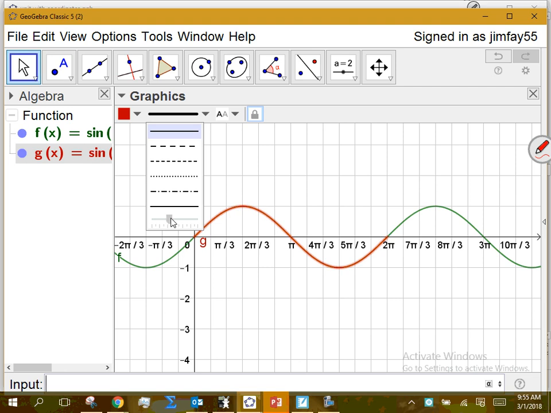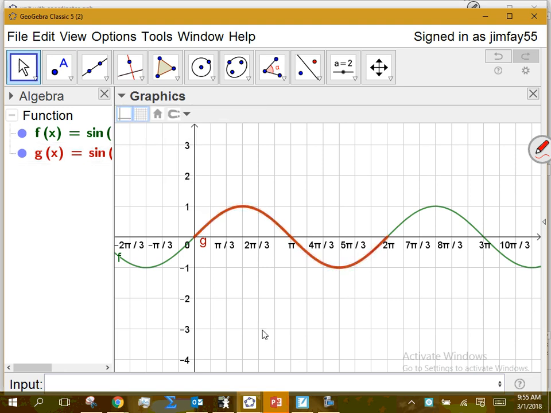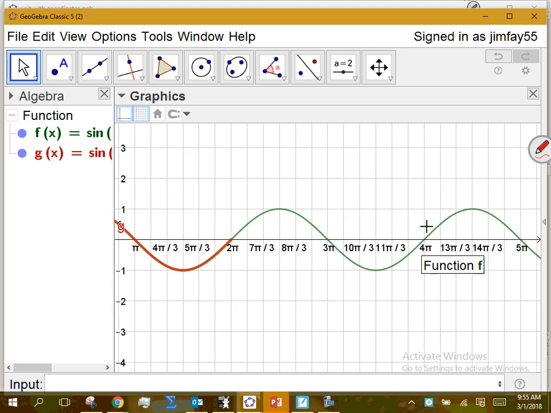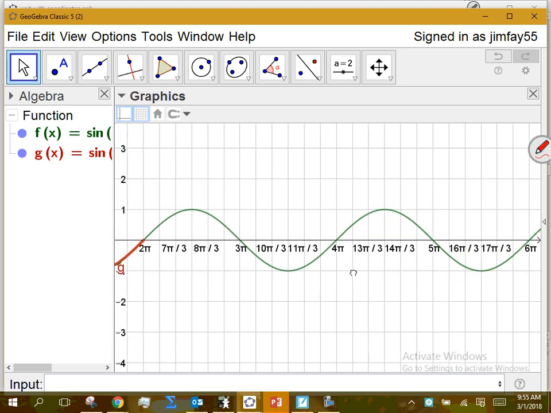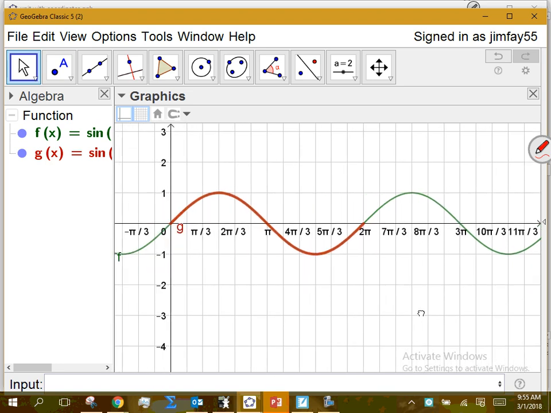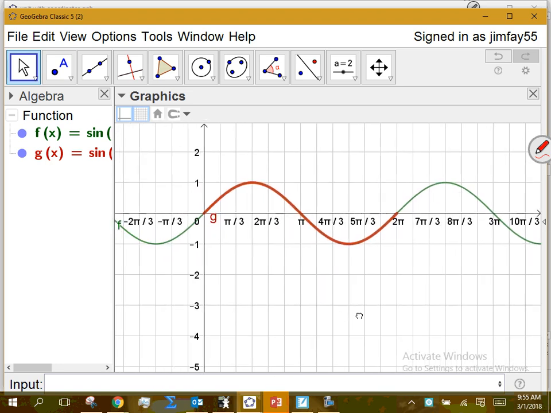Would you guys agree that if I take that red curve and start cutting and pasting it and attaching it to its endpoint, so cut this out and paste it right here, it would give me this green section, and then it would do that again, it would give me another green section. I could keep doing that on and on and on forever. That's what we refer to as a periodic function.